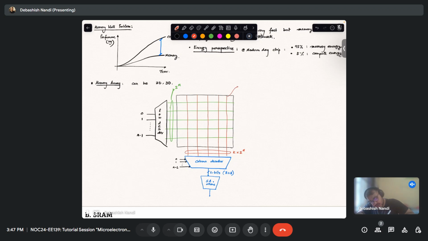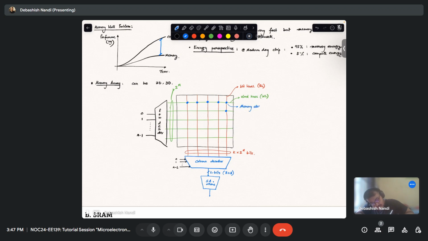So these column lines are called your bit lines, or your BL. And these are called your word lines or your access lines, okay. These are used to access that particular row, and at these locations your memory elements are sitting, okay.